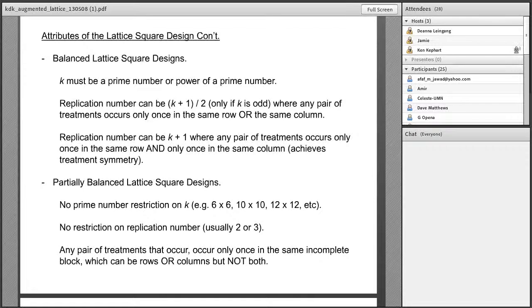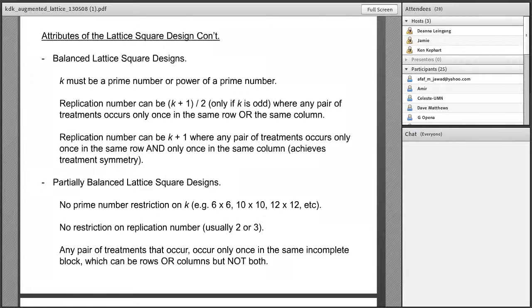And so this is, by definition, what most publications and textbooks describe as achieving treatment symmetry, so that you are measuring, in theory, the same level of error associated with incomplete blocks and rows and columns. As a result, you only calculate one standard error for comparison of treatments in that form of the balanced lattice design.